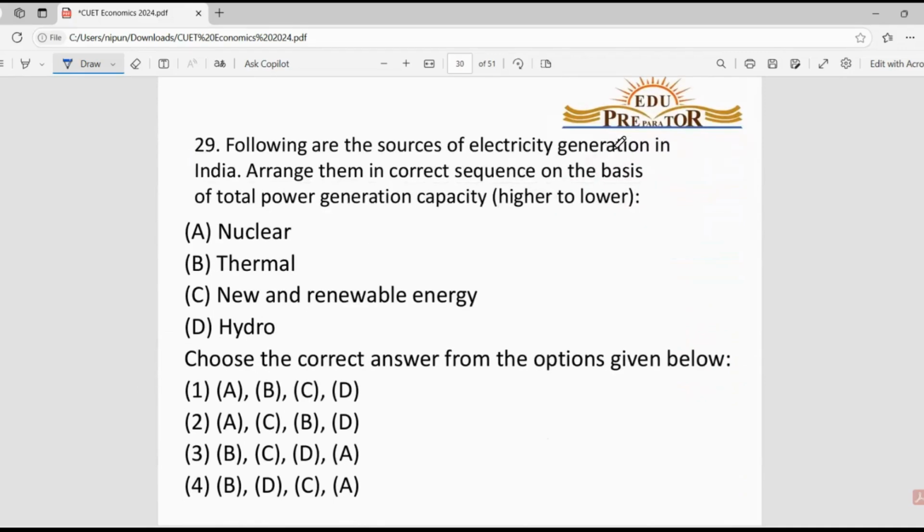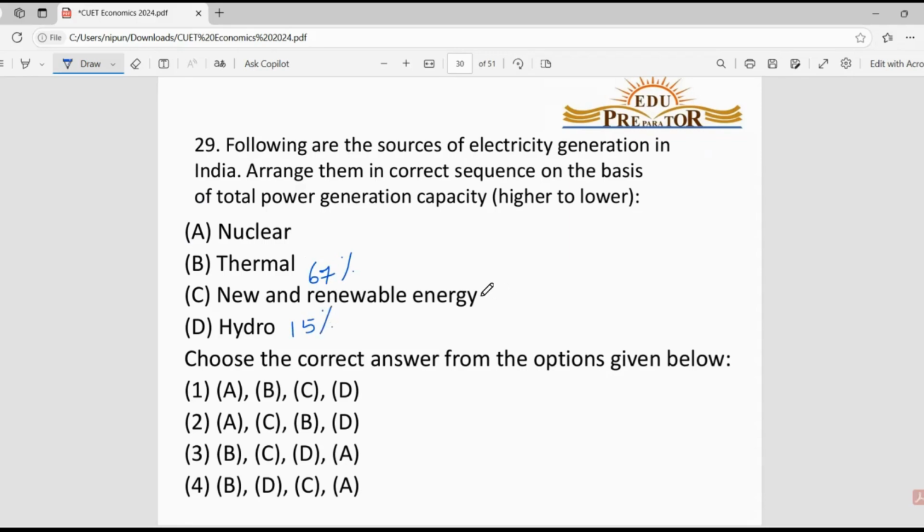Following are the sources of electricity generation in India. Arrange them in correct sequence on the basis of total power generation capacity, highest to the lowest. Now, you know that most of the electricity in our country is generated through coal, yani thermal. If I want to be precise, it is more than 65%. Yani almost 67% of the electricity is generated through thermal. 15% almost is generated through hydro.